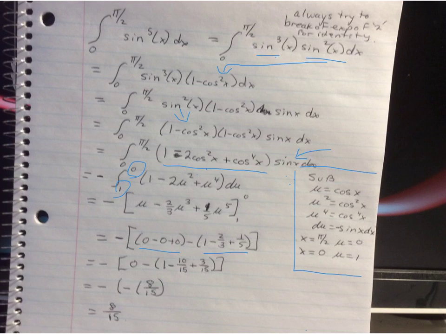Or if you want to flip it and put what looks like a better order on it, you actually will make it negative when you do that. So you can handle that either way. I kind of like to just leave it as 1 to 0, and then it all works out when you're working it out in this line, okay? So if you follow your fractions through, then you should end up with 8/15, which seems way too simple for that one.